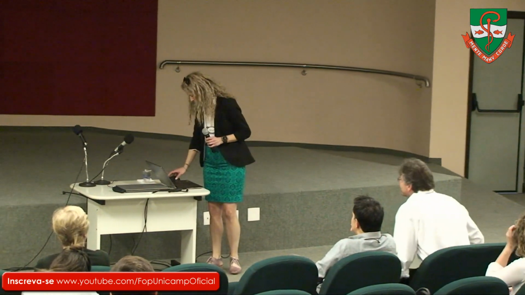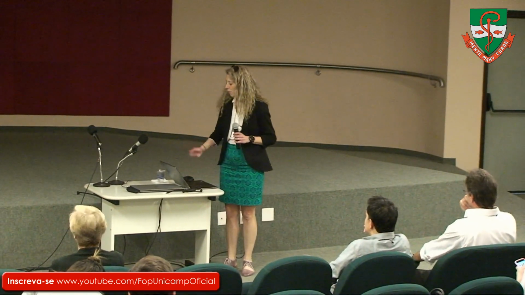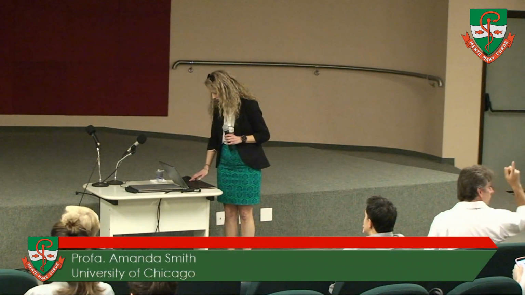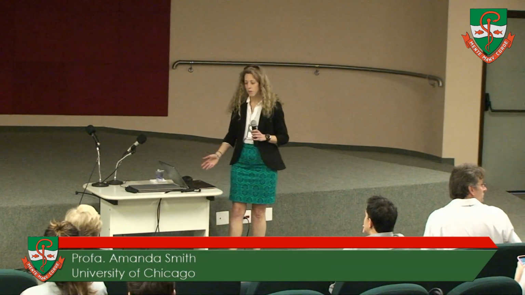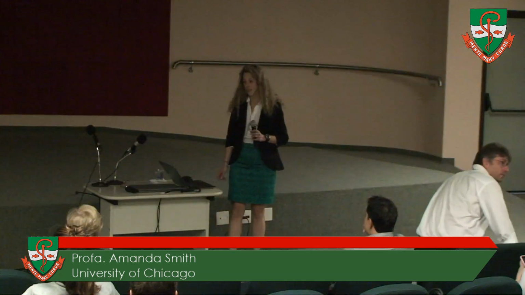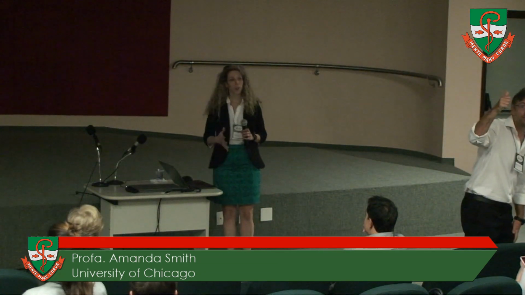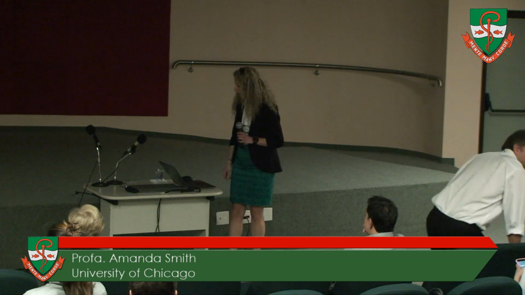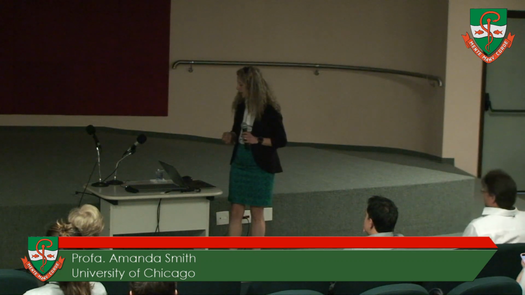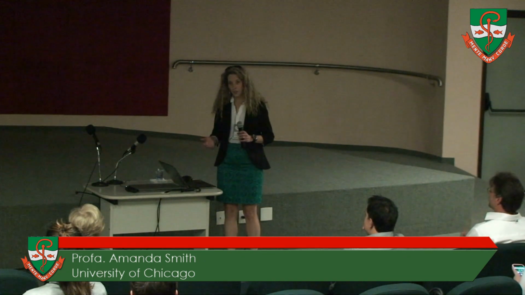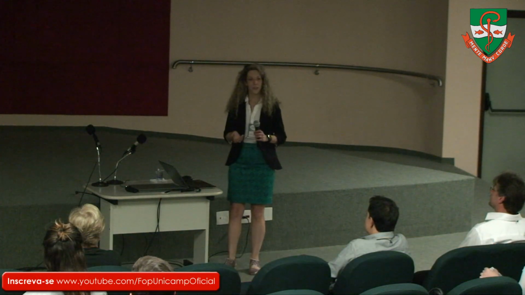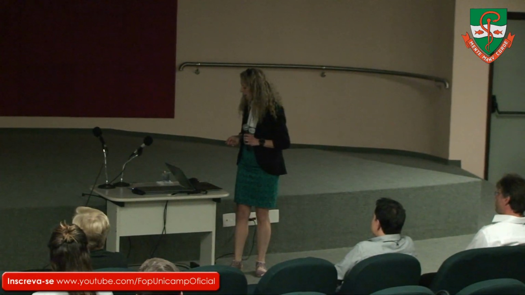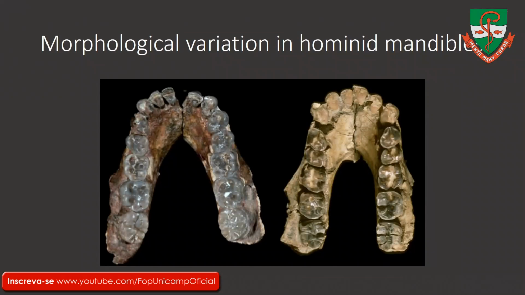So I'm going to talk today about finite element modeling of the chimpanzee mandible. Mandibles are one of the most common skeletal elements found in the fossil record, and their morphology really varies quite a lot. Mandibles are often used diagnostically to define species, to test phylogenetic hypotheses, and to infer the dietary ecology of species.